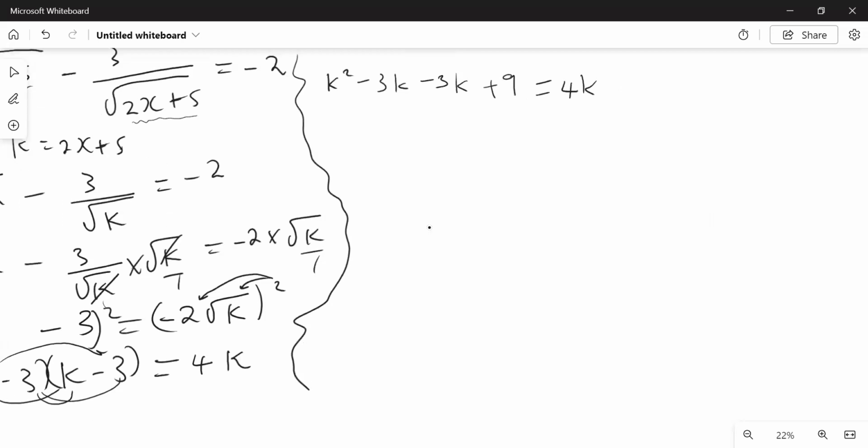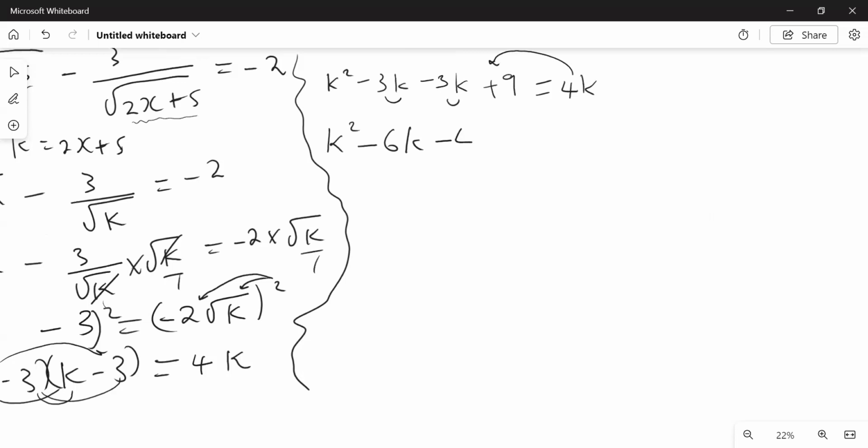Now let's continue, guys. Let's collect the like terms, add them, or subtract them. We have K squared. These two are like terms, so we need to add them. Negative 3K and negative 3K give us negative 6K. Then we transpose 4K.